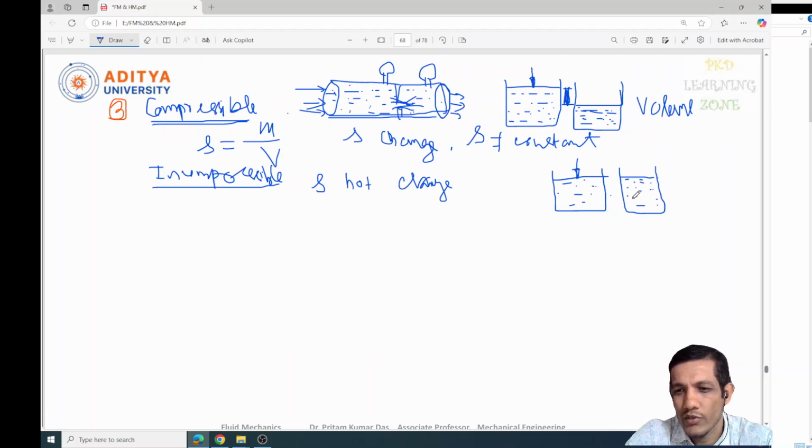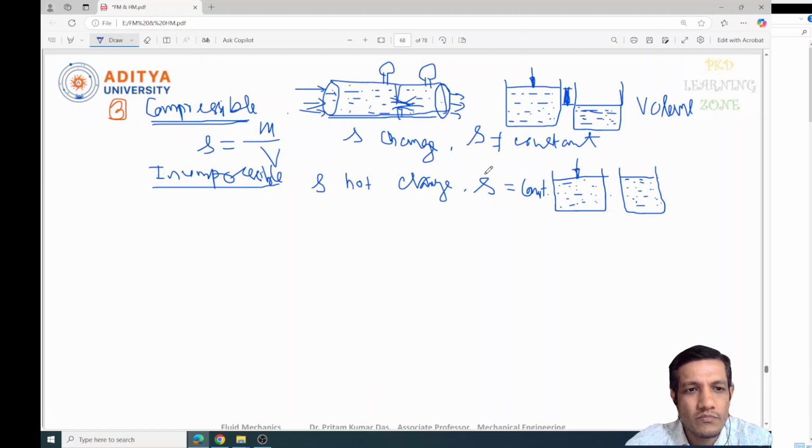So if the volume is not going to change, and the mass is fixed, the mass is also not going to change. Mass not changed, volume not changed, so density is constant. There is no change in the density part. So this is about compressible and incompressible fluid.